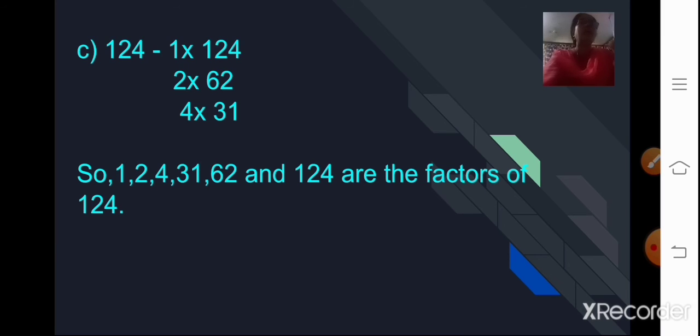It does not come in the table of 3. So 124 is not divisible by 3. Now when you divide 124 by 4, you get the quotient 31. So 1, 2, 4, 31, 62 and 124 are the factors of 124.